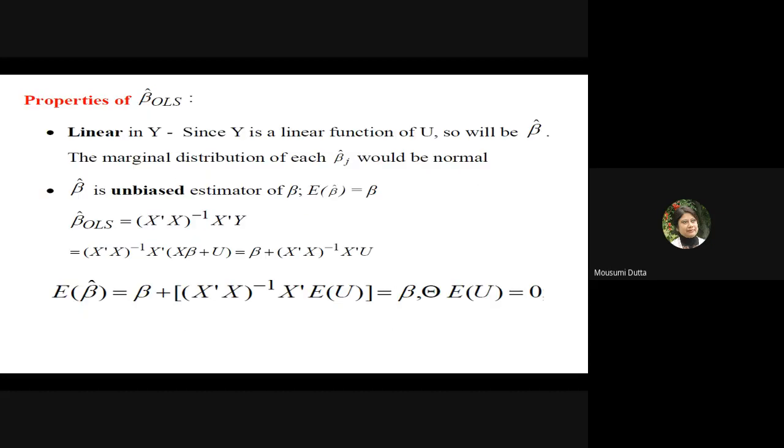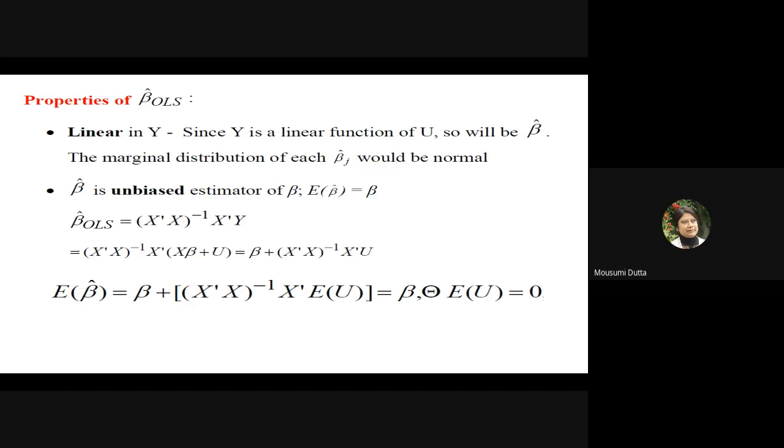Next, to prove that beta hat is an unbiased estimator of beta, we have to show that expectation of beta hat OLS is equal to beta. Remember, here we are considering all K beta hats simultaneously. So when I write beta hat OLS, it's a vector of order K by 1.